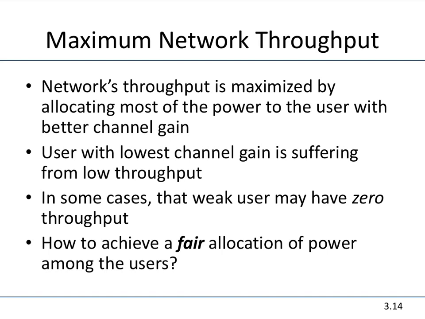Of course, we will talk later about the fact that maximizing the throughput is not the best thing you can have, because maximizing throughput might not be fair. So how can we incorporate fairness into this? We'll talk about that probably next time, because we need to stop here.